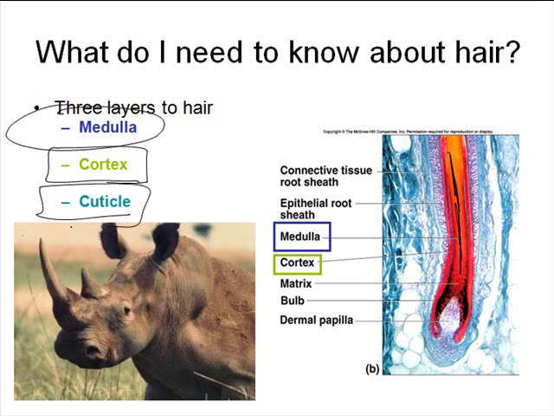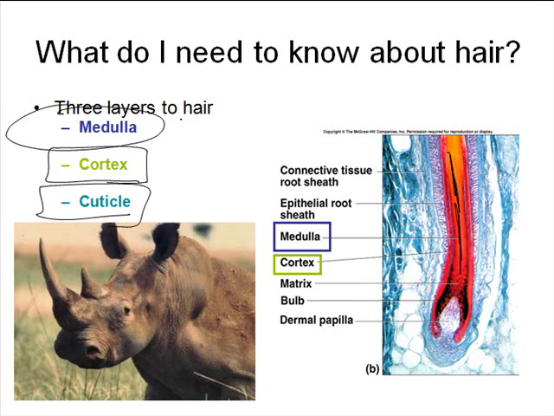It's one layer of scaly looking cells that cover over top of the cortex. The cortex, again, is these densely packed keratinocytes that are put together. The medulla, by comparison, is much more loosely arranged cells. There's more space, and actually airspace even sometimes present in the medulla.